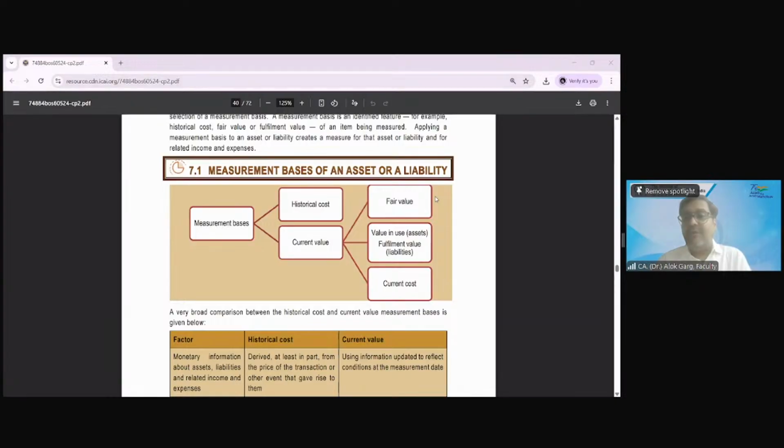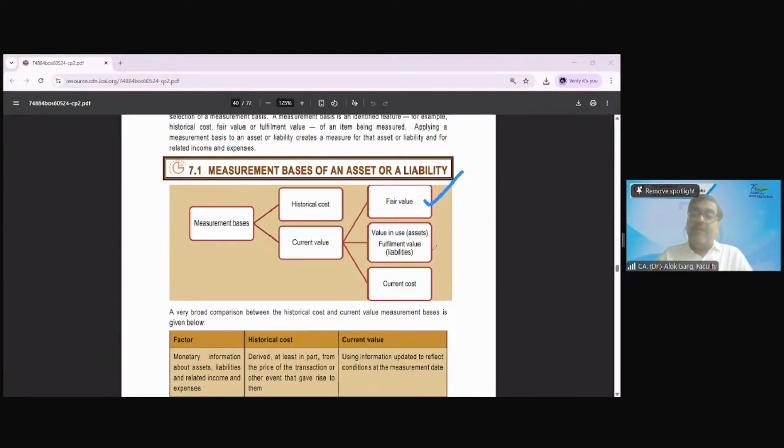Value in use. What is meant by value in use? You read this concept in Ind AS 36, impairment of asset, or AS 28, impairment of asset. The value of the asset can be arrived at in two manners, right? Number one, by selling the asset: if you go to the market and sell the asset, you will get a value.